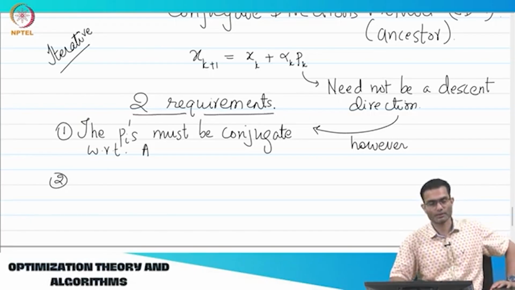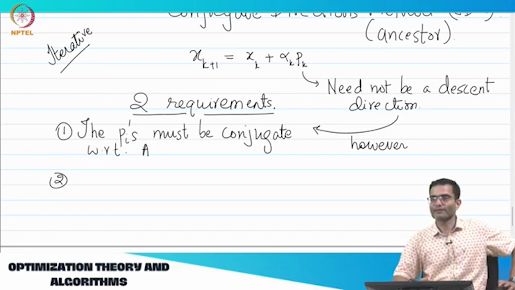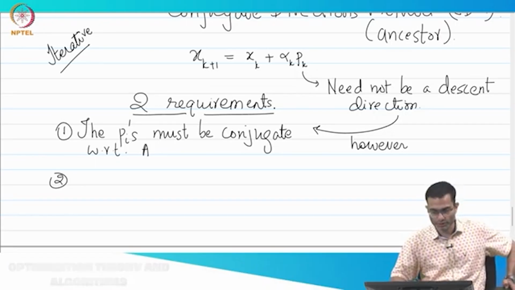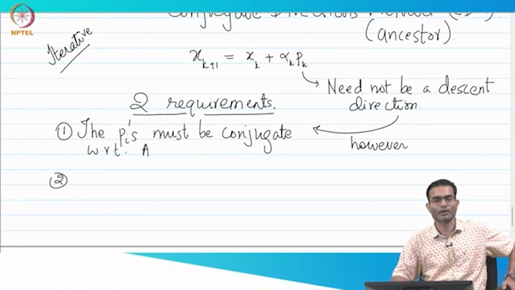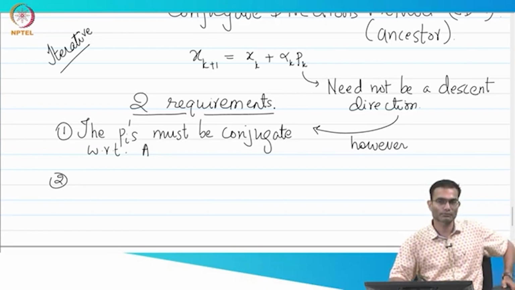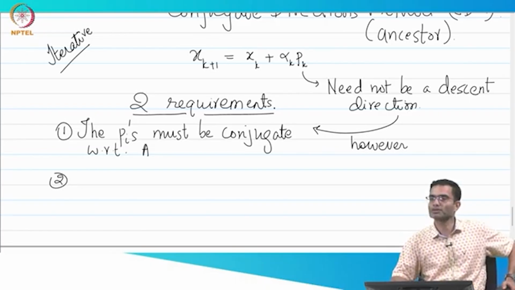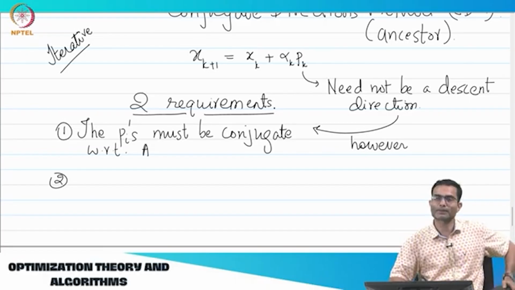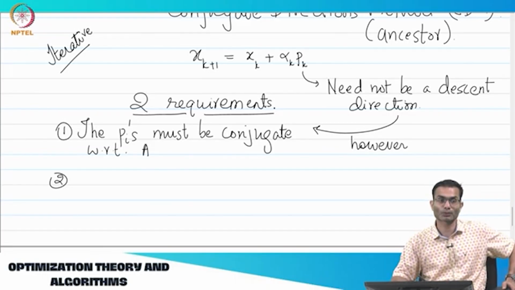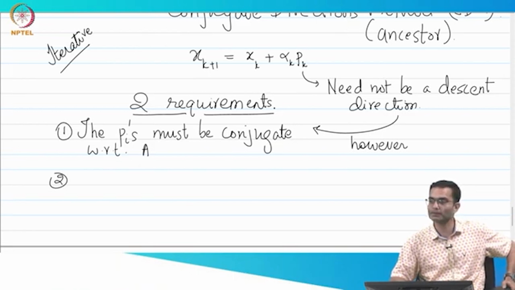The second requirement can also be guessed by you with a few hints. When we have a quadratic cost function, was it possible to find out the exact step length? Was there in fact a closed form expression for the step length? Yes. Is my cost function here quadratic? It is.